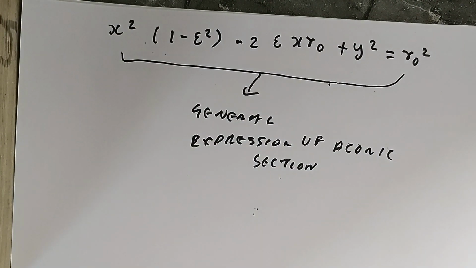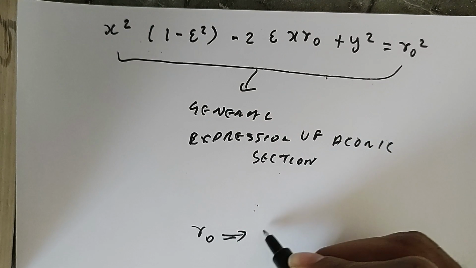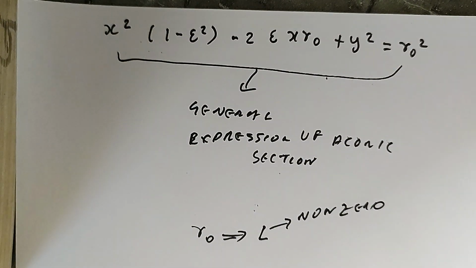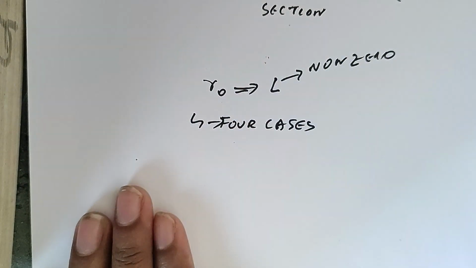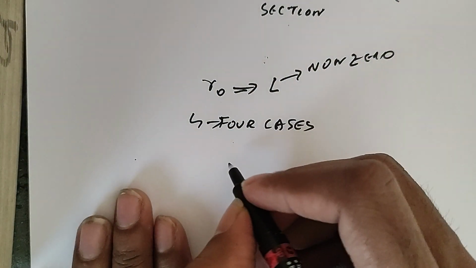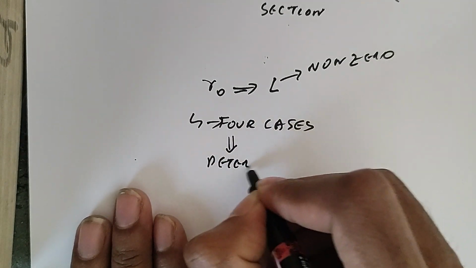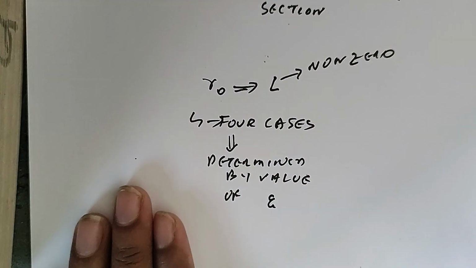Now for a given R naught corresponding to a non-zero angular momentum, this is very important, I want you to listen carefully. For a given R naught corresponding to a non-zero angular momentum, there are 4 cases determined by the value of eccentricity.